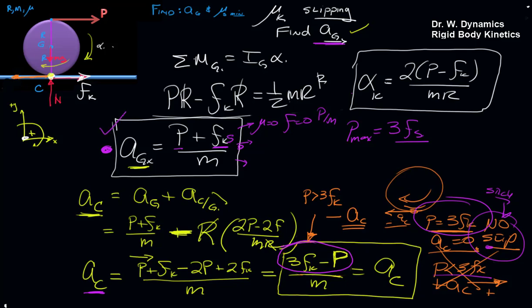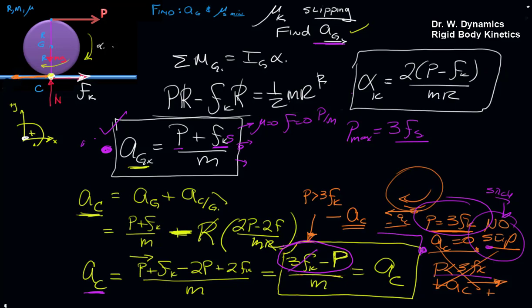So it turns out this one equation will give us the acceleration of point G for all three scenarios that we looked at. The alpha would also do the same thing. If F is 0, we get the 2P on mR that we had for the no friction case. And then if we plug in F sub s or F sub k, this also becomes valid. And then down here, our a sub c is also valid for all three cases.